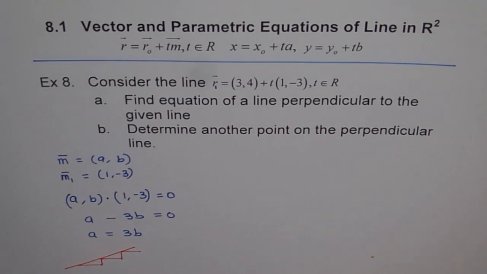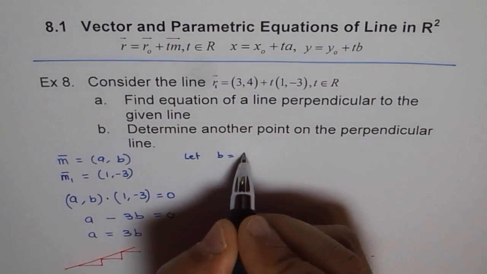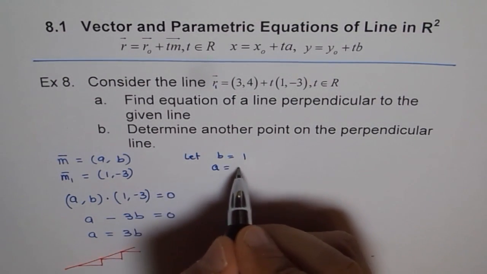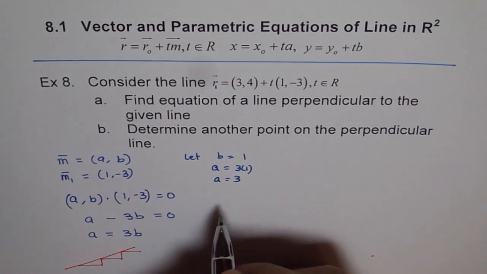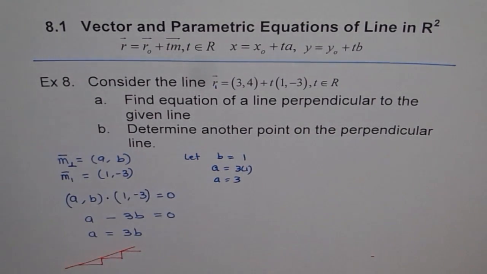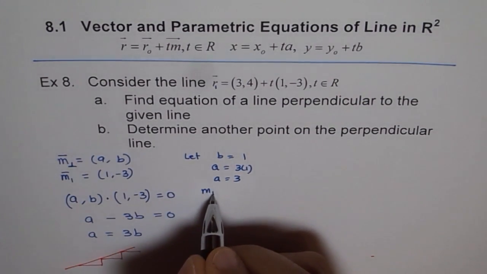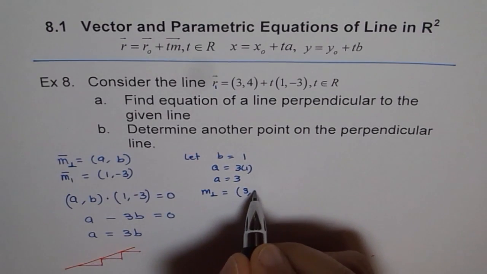That's the beauty. So let b equal 1. In that case, a equals 3 times 1, so a equals 3. Let me call this the direction of the perpendicular line. So the direction vector of the perpendicular line for us is (3, 1).